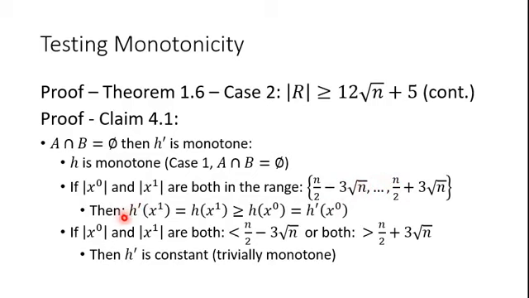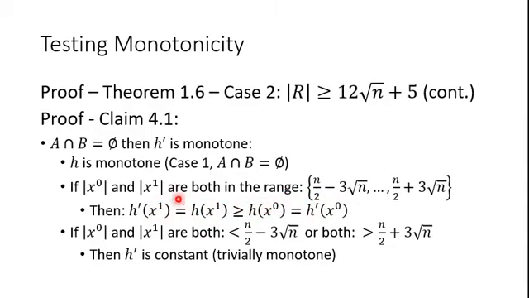So in this case, we have that H prime of x1 equals H of x1, and H prime of x0 equals H of x0, and we know that H is monotone in this case, on this edge. Therefore this side is larger or equal to this side, and we still have the monotonicity.